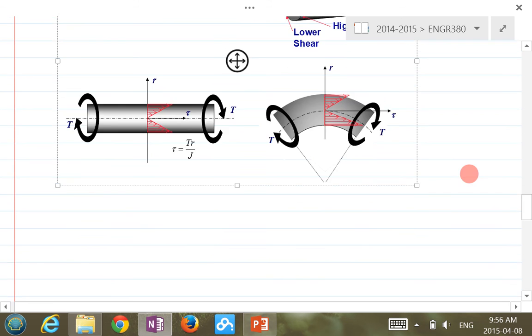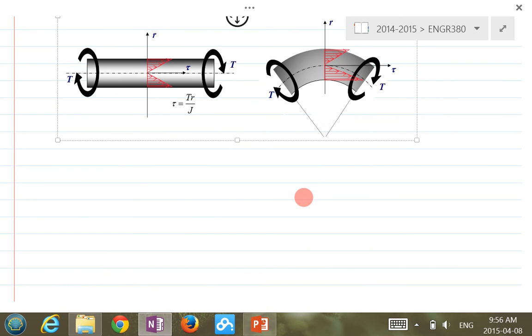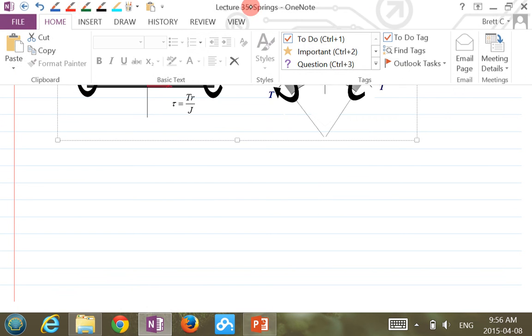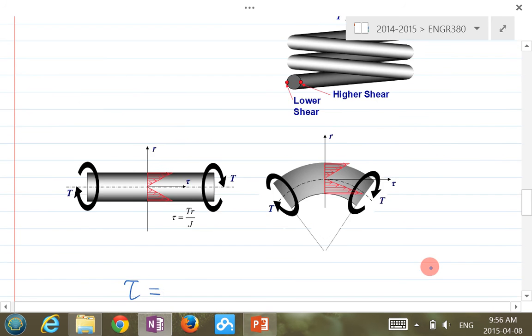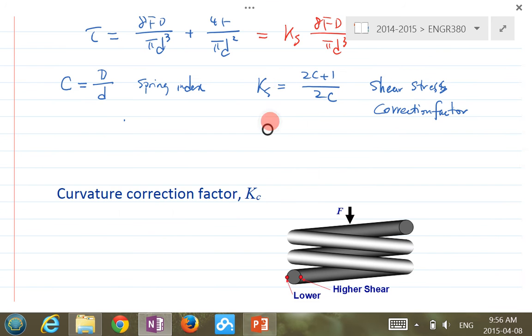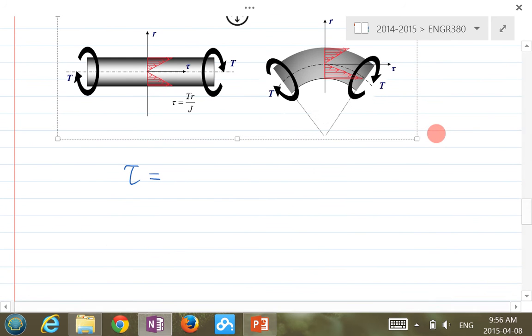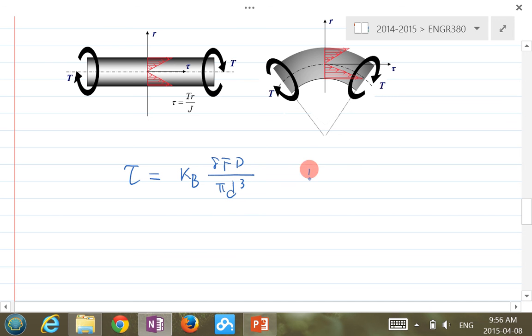So there's this guy called Bergstrasser, who came up with experimental results here. So for the tau, instead of Ks, we use a different factor called Kb. This Kb is named after Bergstrasser, called the Bergstrasser factor. The Kb is defined as (4C plus 2) over (4C minus 3).